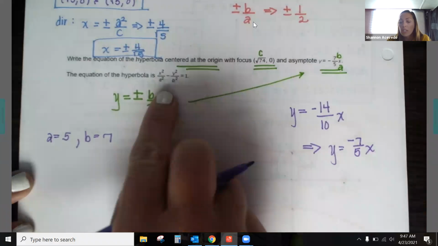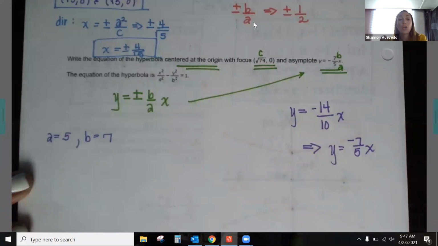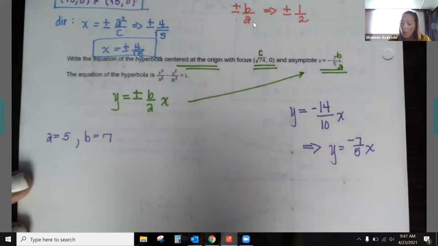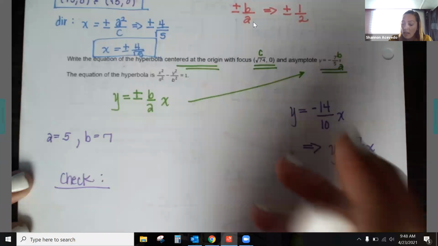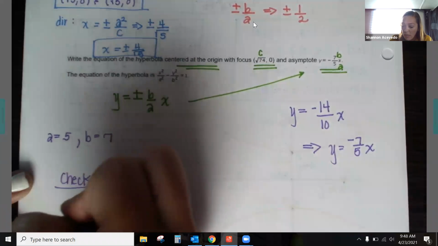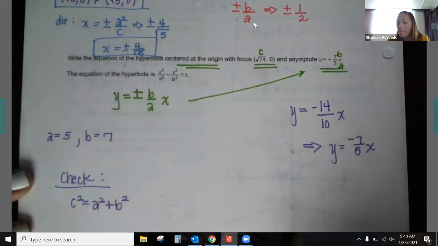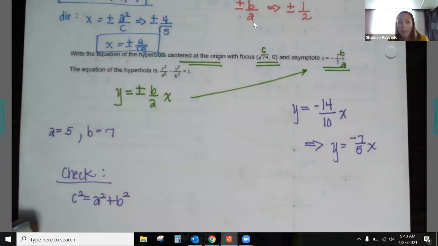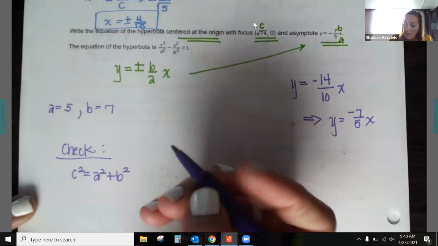So it may not be that this is automatically my a value and this is automatically my b, because it could be simplified. So how do I know? Well, you would have to check. So if my c squared is equal to my a squared plus b squared, then I'm good to go. But maybe I might need to multiply those values by a value of 2 or a value of 3 to get the right answer. So this is my check.